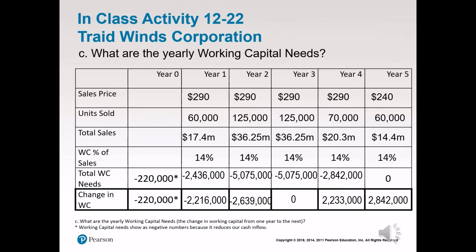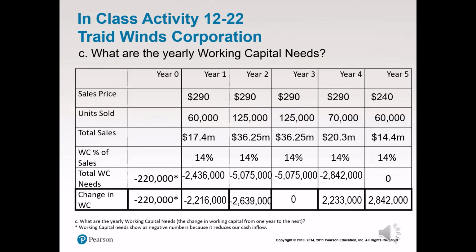Now let's take a look at year 2. Our year 2 total working capital needs are 5,075,000. That comes from taking 14% of total sales of 36,250,000.